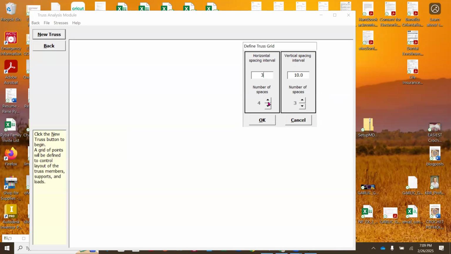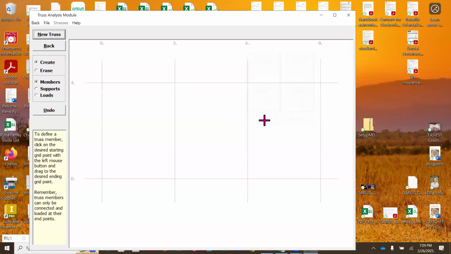So if we look horizontally along that truss, there was 3 spaces, and you're going to do the up and down arrow to specify that. The vertical spacing then, in our case, it was 1 high and it was 4 meters high. The number of spaces is just 1, okay? So you set that up right here. Now what's going to happen is I'm going to hit OK, and it's going to create this grid.